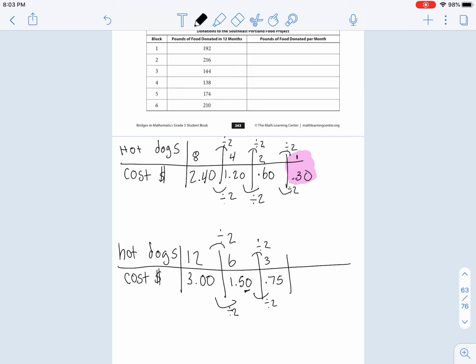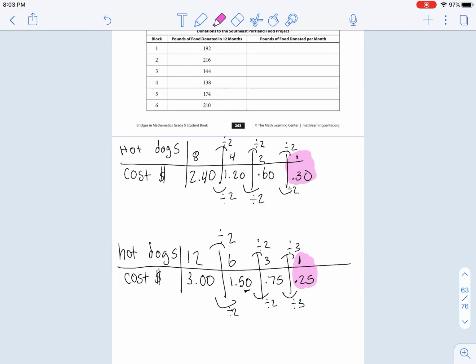If I divide by 2, I'm not going to get 1 hot dog, but I know that 3 divided by 3 is 1. And now I'm going to divide the bottom by 3. This is actually super simple for me because I'm thinking about this as quarters. And I know that 3 quarters make up 75 cents. So therefore, 75 cents divided by 3 is 25 cents. So looking here, 1 hot dog costs 25 cents.